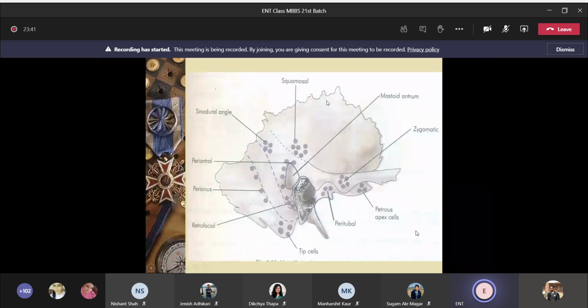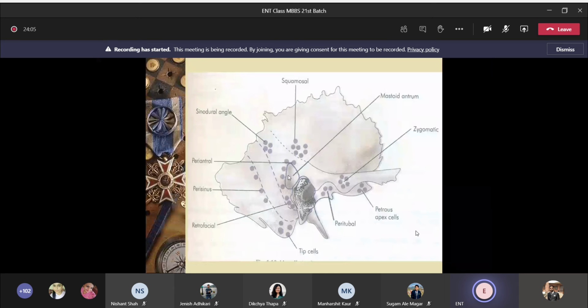There are different cells: periantral cells, perisinus cells, retrofacial cells, tip cells, peritubal cells, petrous apex cells, and zygomatic cells. It's not like a single air pocket. There are multiple pockets of cells which contain air in the mastoid.